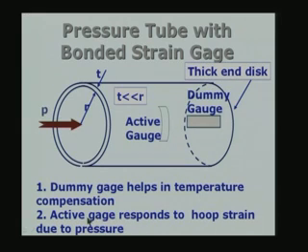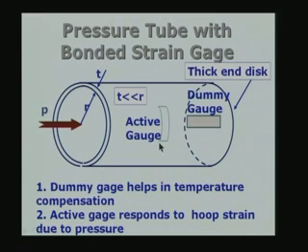Now, why do we have a dummy gauge? Suppose I have the active gauge here, and suppose the pressure is introduced inside the tube. It will of course undergo a strain because of the hoop strain, and therefore, it is going to undergo a change in resistance because of the change in length, as we shall see in a little while from now.